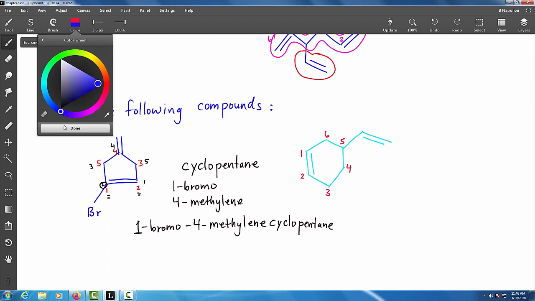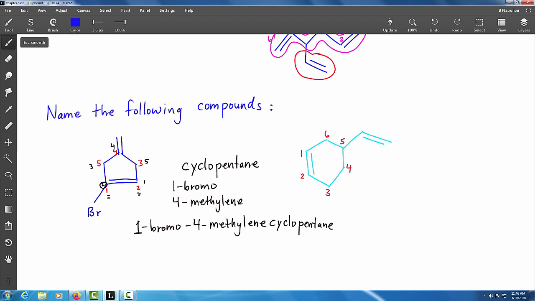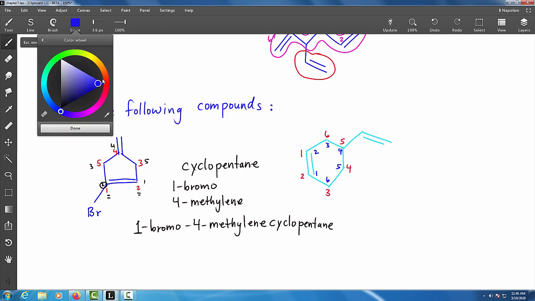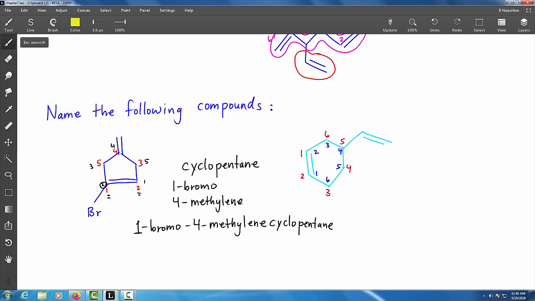And let's try one in blue that goes 1, 2, 3, 4, 5, 6. Okay, so going through the double bond in blue, that would put the substituent on carbon 4. And you recognize this as a what, vinyl.